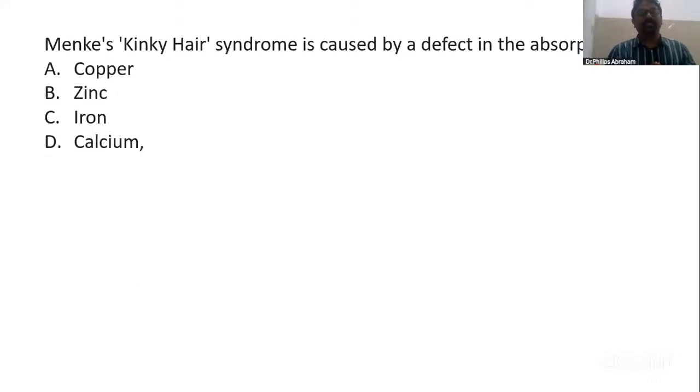Okay, next question. Menkes kinky hair syndrome is caused by a defect in the absorption of what? Here the answer is copper. When you think about copper, there are two diseases you are supposed to know. One is Menkes disease.